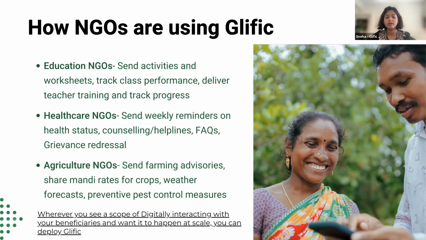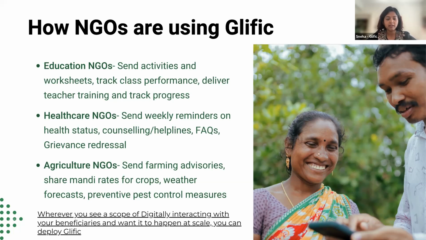They can send activities and worksheets on the bot, understand the class performance, deliver teacher training and track progress. And if they want to see the progress for the past 3 months or past 1 year, they can use the data dashboard to understand and track data for their classroom.